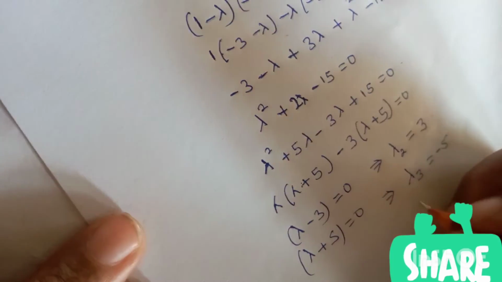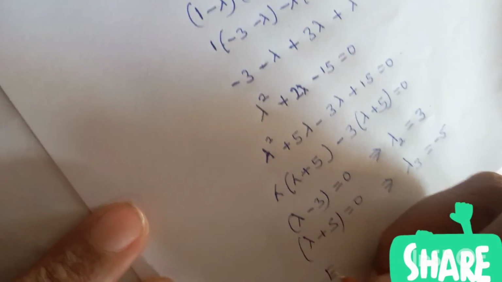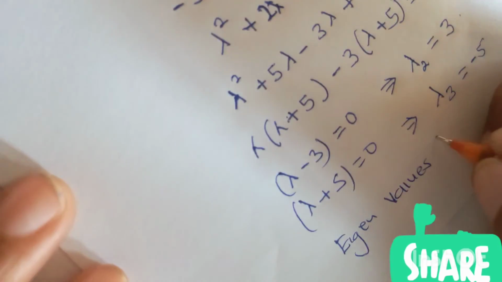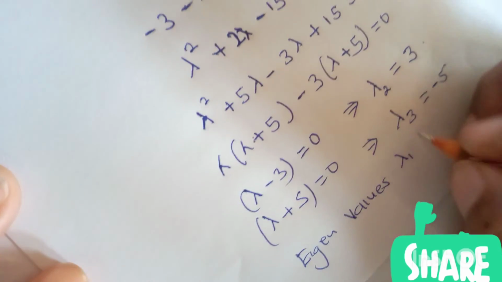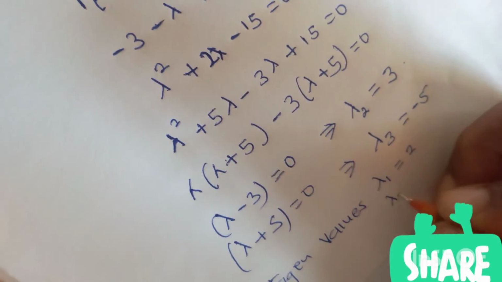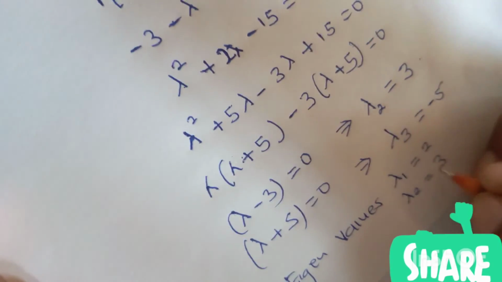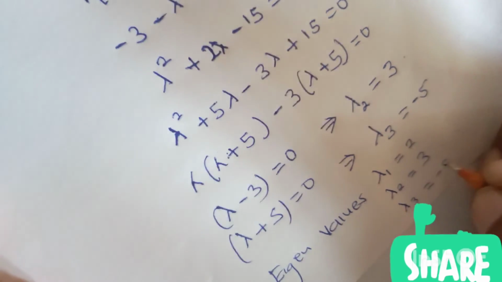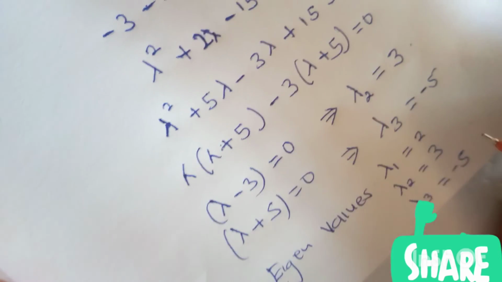So our eigenvalues are: eigenvalue 1 is 2, eigenvalue 2 is 3, and eigenvalue 3 is negative 5.